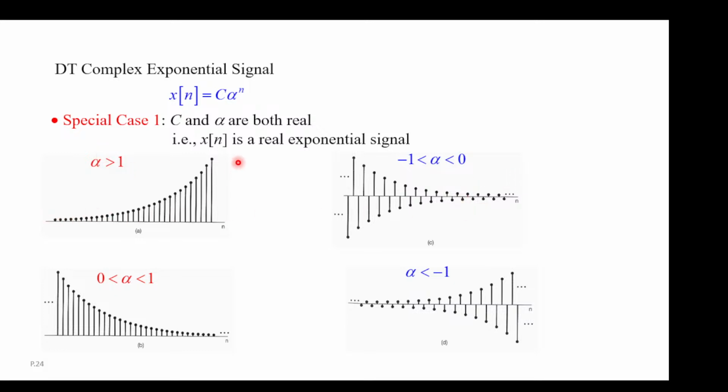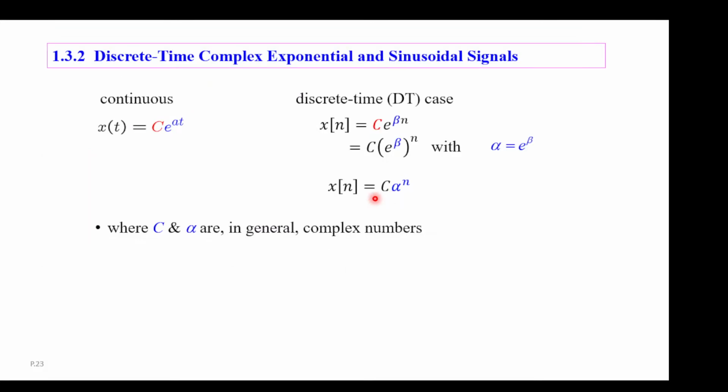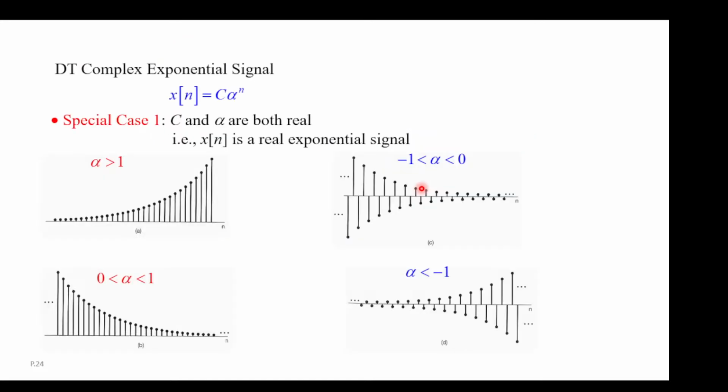So with alpha positive, depending on whether alpha is bigger than 1 or less than 1, you have a growing exponential or a decaying exponential. But you can also have alpha negative, which actually corresponds to a being a complex number, but because you only take points at integer values, you can have alpha negative and still have a totally real signal here.